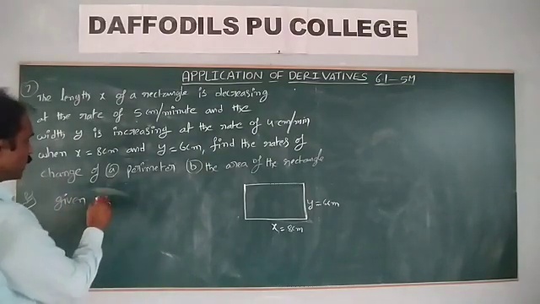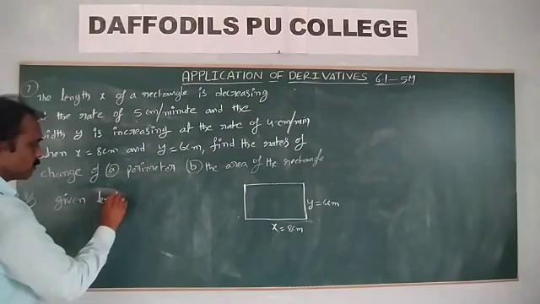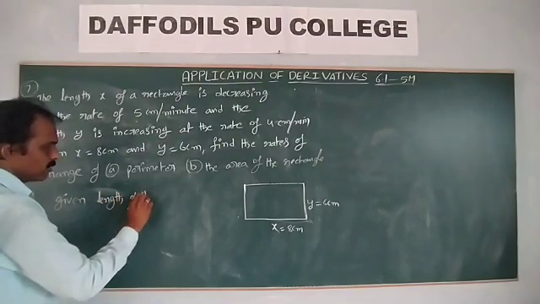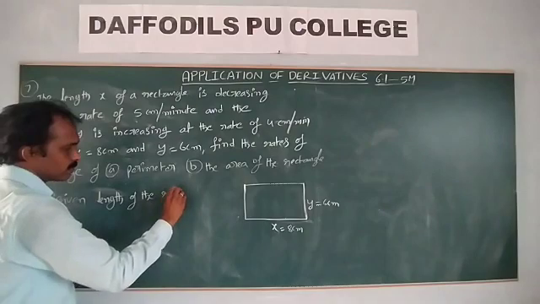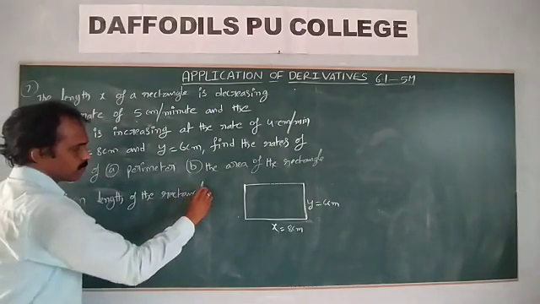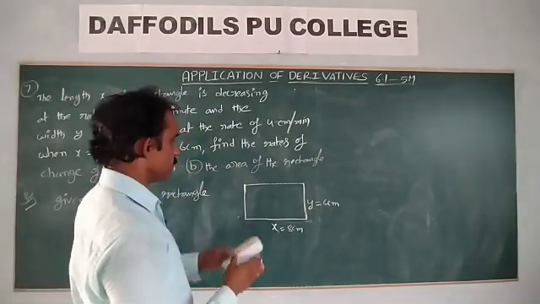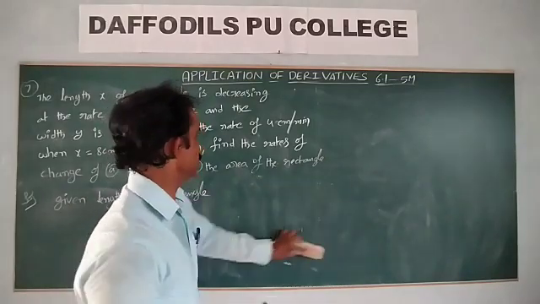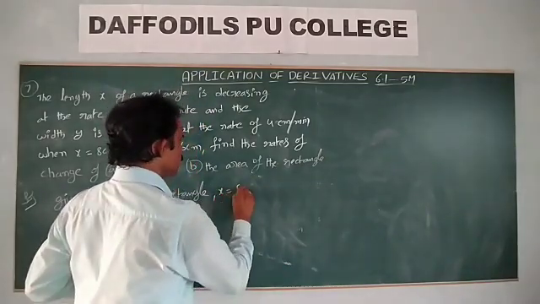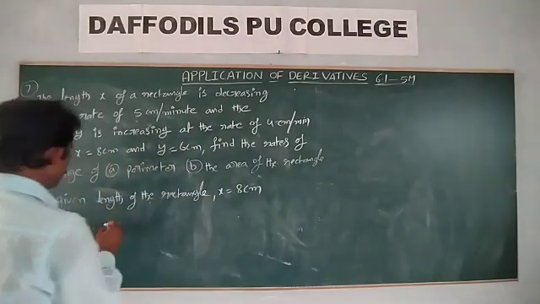Given the length of the rectangle, x is equal to 8 centimeter.